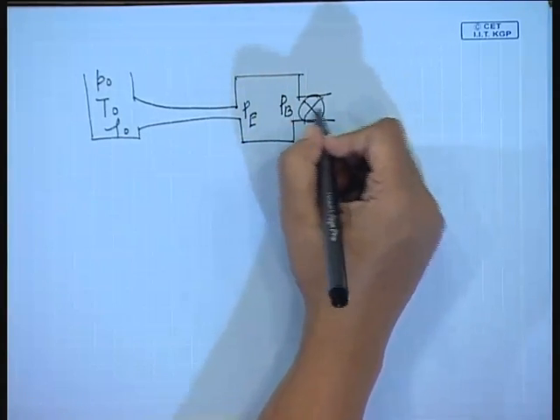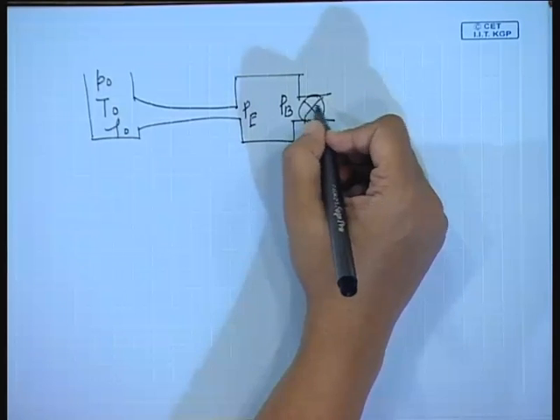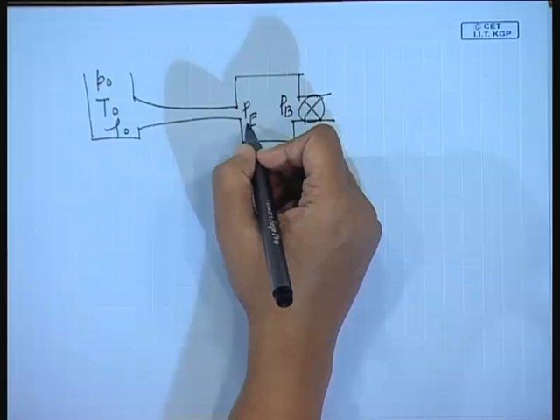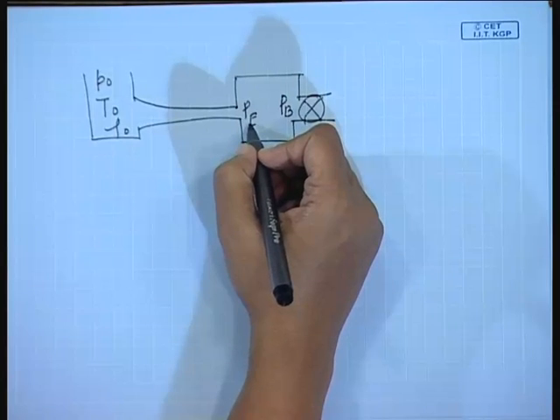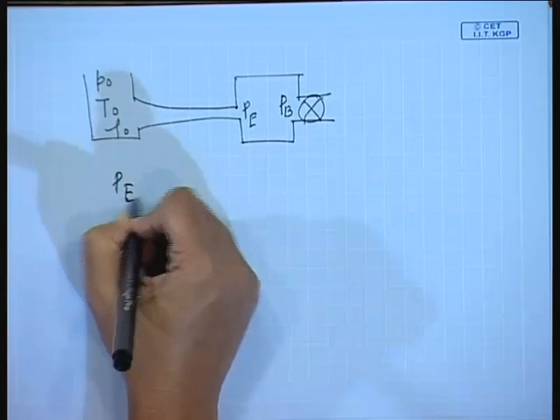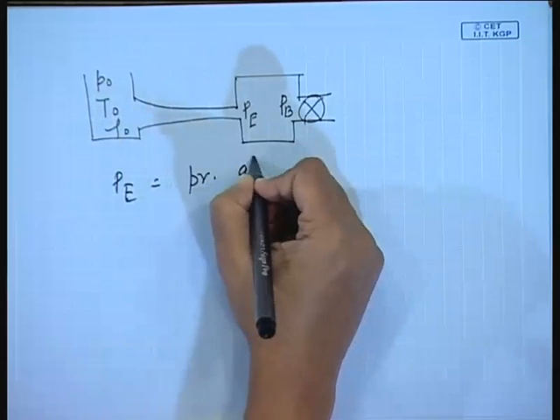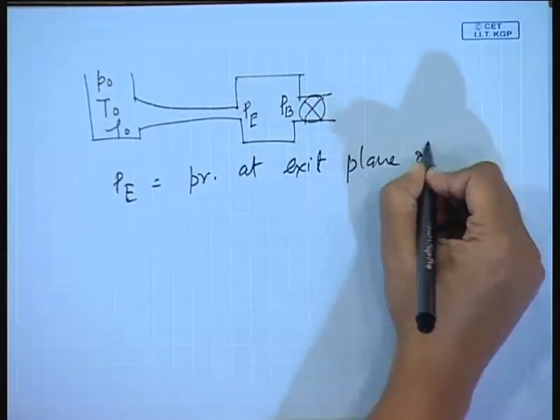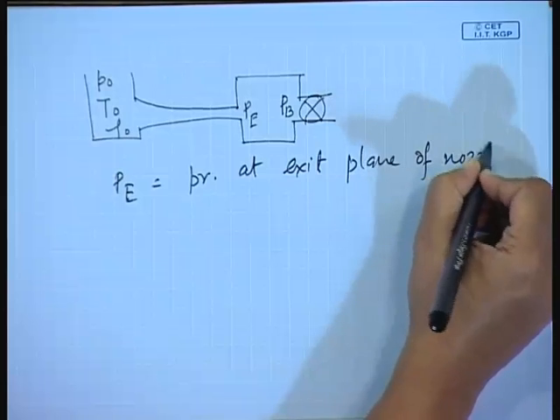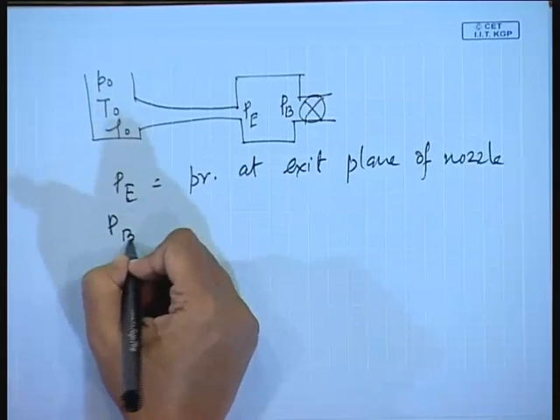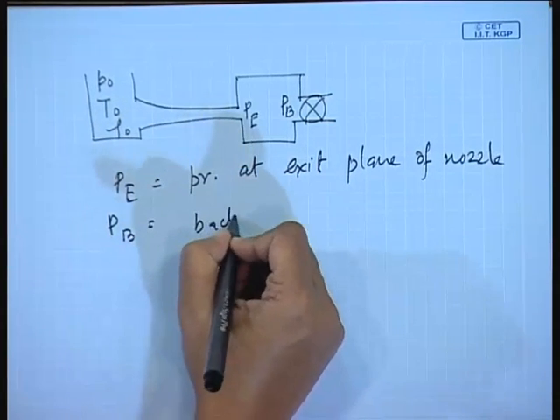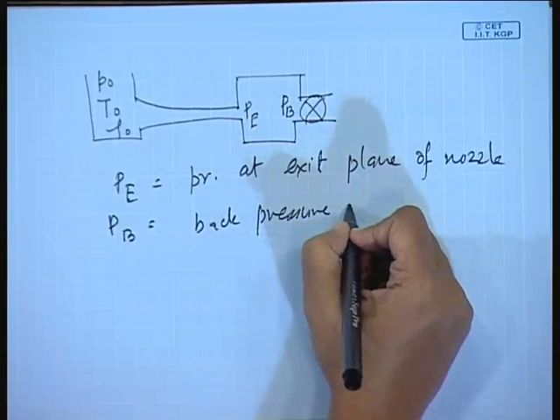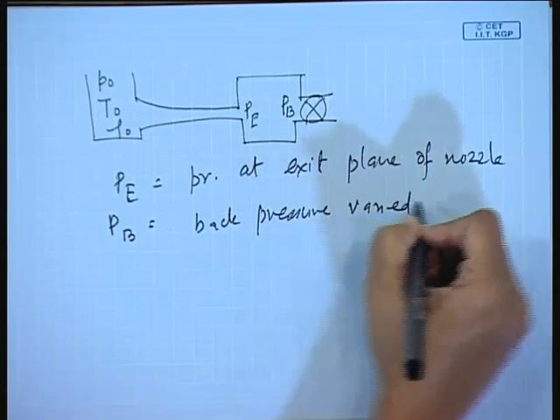This back pressure is regulated by opening or closing this valve. PE is the pressure at the exit plane of the nozzle, and PB is the back pressure varied by the valve.